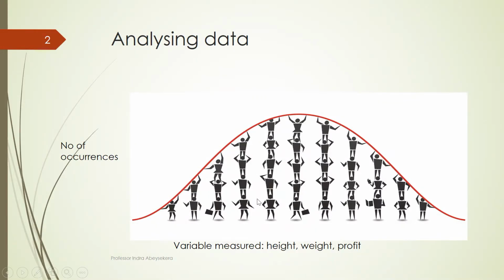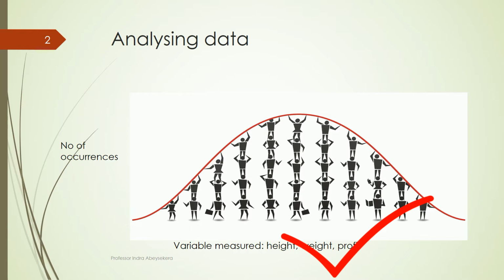When we look at a population and chart information about a variable against the number of occurrences, let's say people's height, weight, or a company's profit, and the number of occurrences of a given height, weight, or profit, we find that many of those observations congregate towards the center, and those who are at the extremes are few.